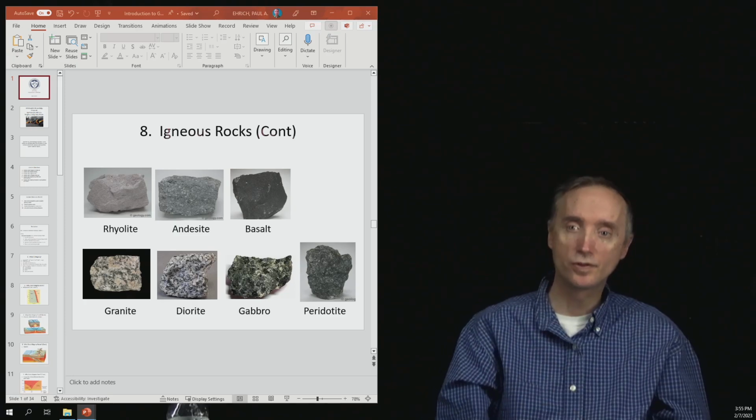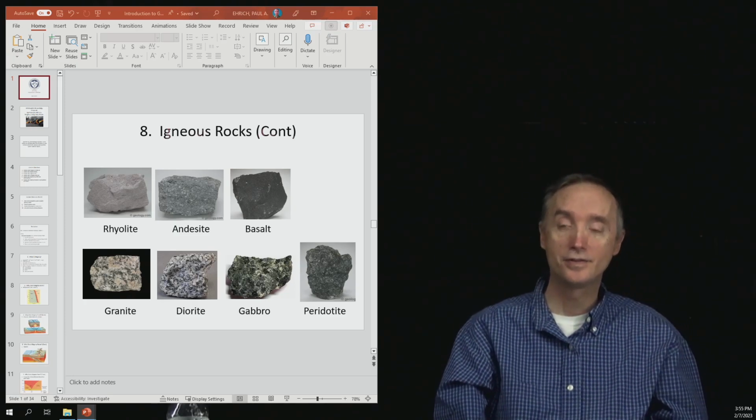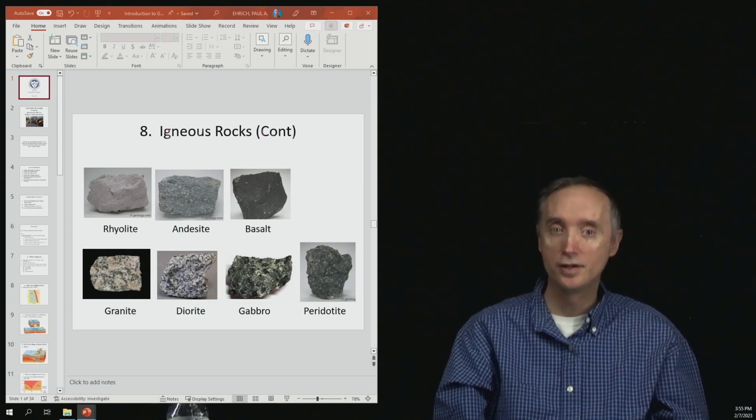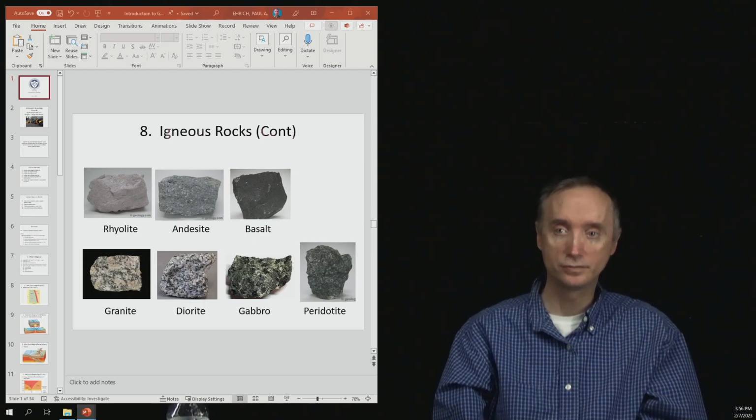So that leaves us with the one there on the end, the peridotite. And so where does that come from? So that is the mantle. That is ultimately the source for all of those other rocks.